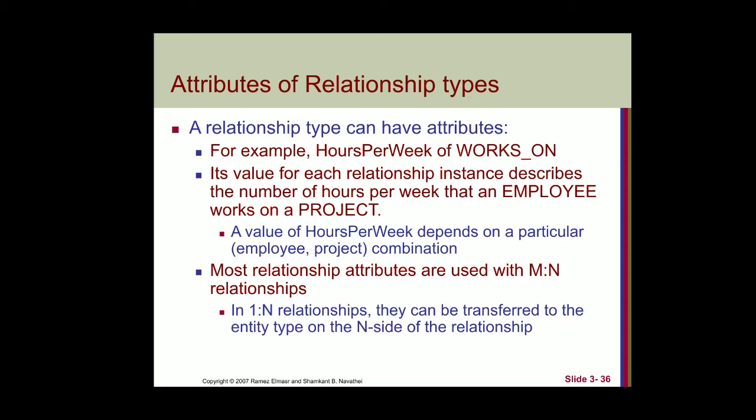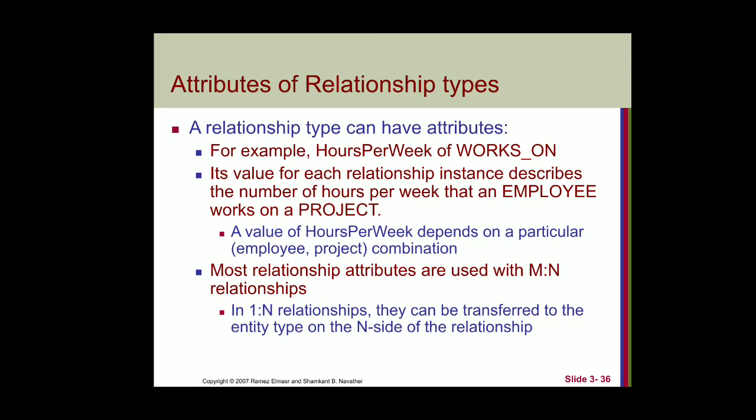This attribute hours per week signifies that a particular person is working so many hours on a particular project P1 or any project. Its value for each relationship instance describes the number of hours per week that an employee works on a particular project, and the value of hours per week depends on a particular combination of employee and project.